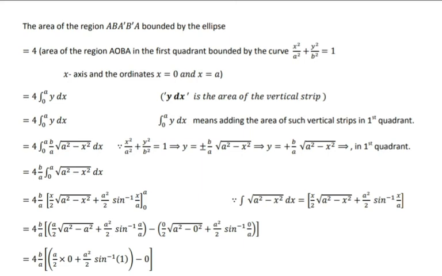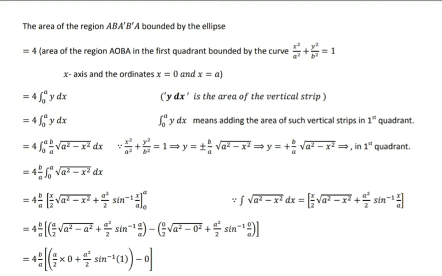So we have got an idea how to find the area under simple curves in the first quadrant if it is an ellipse. But now, let us go one step more: finding the area enclosed by the ellipse. That means summing up the areas of those four quadrants which are under the ellipse.